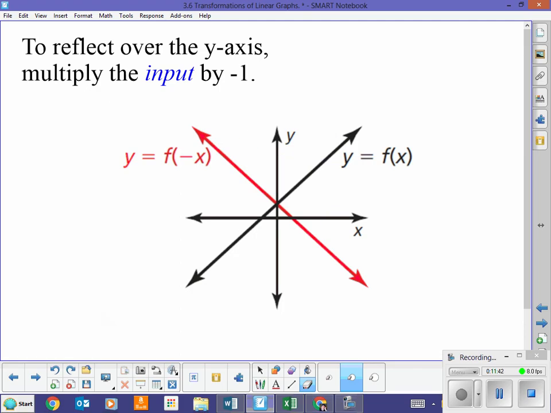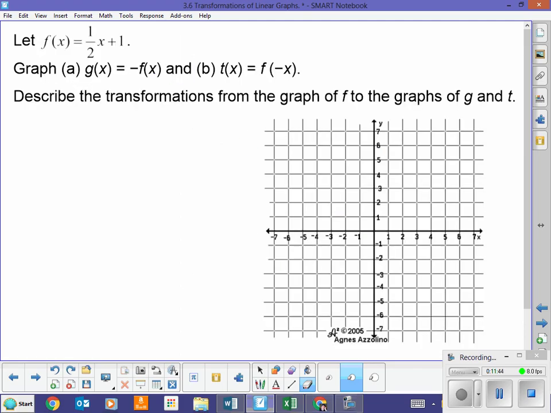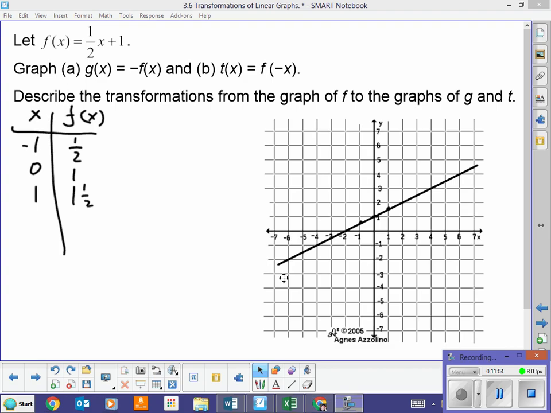Okay, let's take a look at an example here. Let f of x equals 1/2 x plus 1. Okay, so there's our parent function, f of x. Now it says graph g of x, where we want the opposite of f of x. That's going to be pretty easy for us to do, because I already have f of x. g of x is the opposite of f of x.